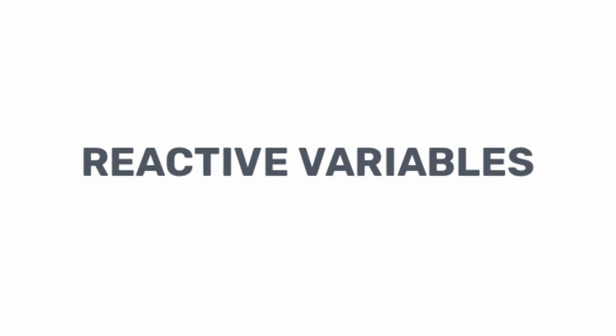And reactive variables can be used from anywhere in the app without the GraphQL syntax. And while they can be used outside the cache, they can also be used inside the cache. There will be examples about this later.